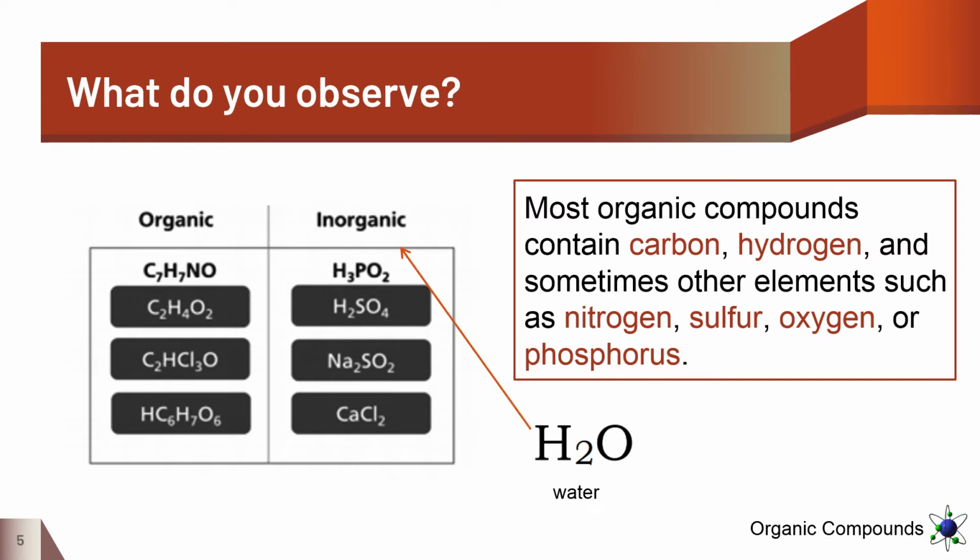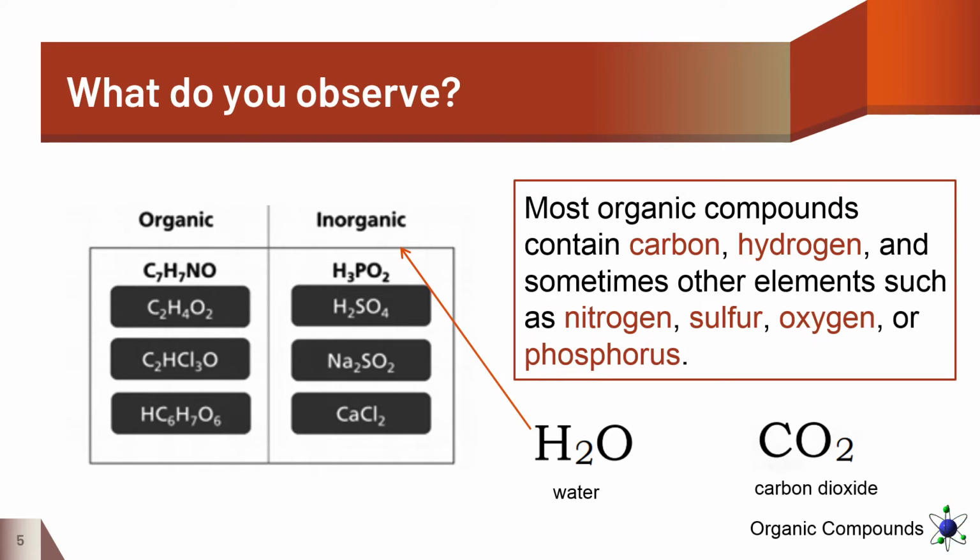As you can see, the compound water does not contain the element carbon, and it was not formed by living organism. That's why it is classified as inorganic. Another exemption. Let's have carbon dioxide. Is it organic?